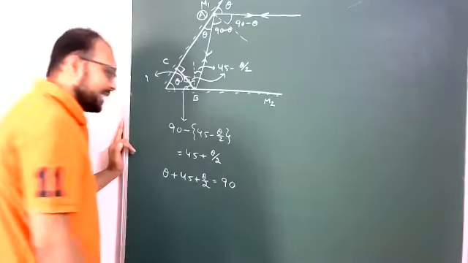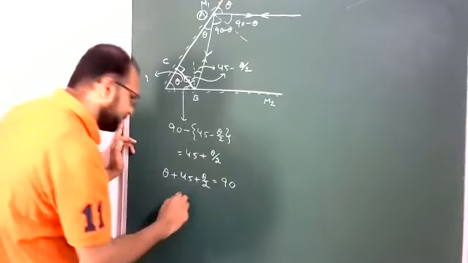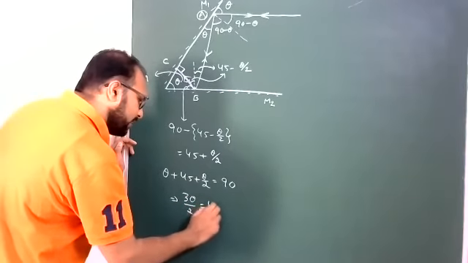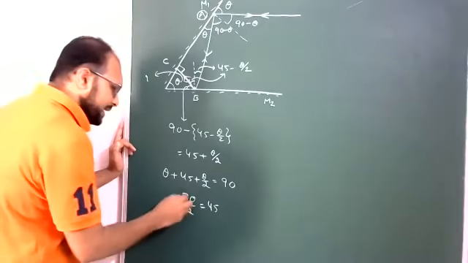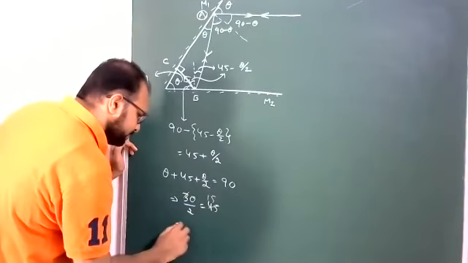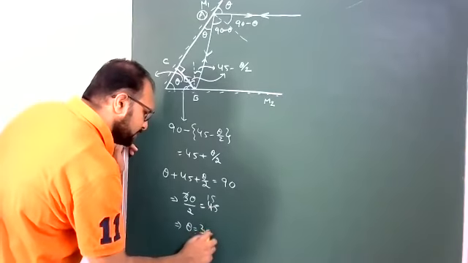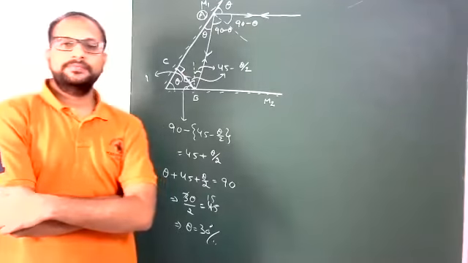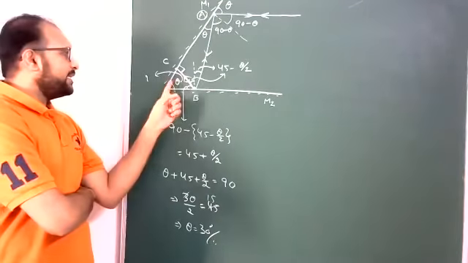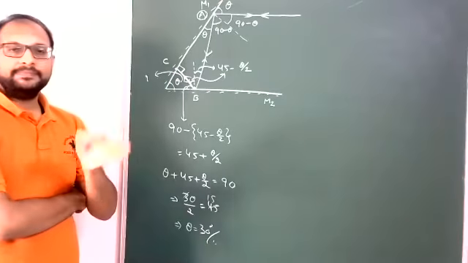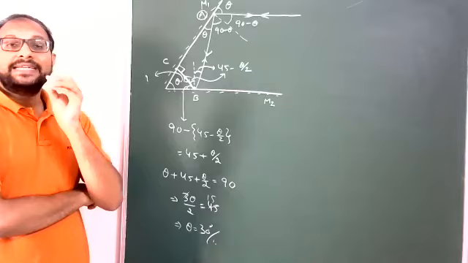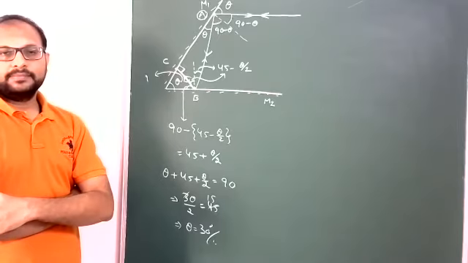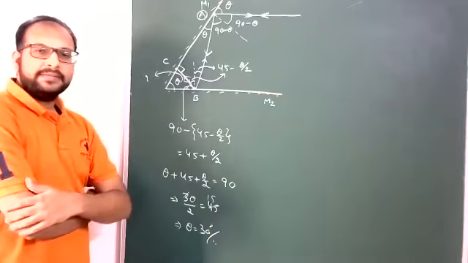Now send 45 to that side: 90 minus 45 is 45. Theta plus theta by 2, 3 theta by 2 equals 45. Now 3, 1, 5. Theta equals 30 degrees. Students, the angle of inclination between these two mirrors, that is theta, is finally found as 30 degrees, that is pi by 6 radian.